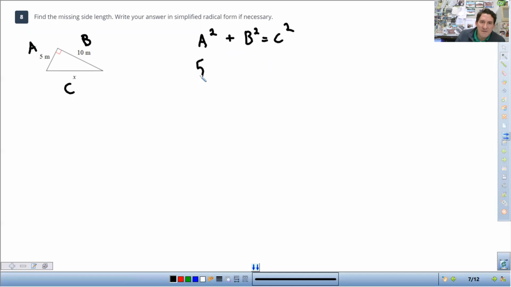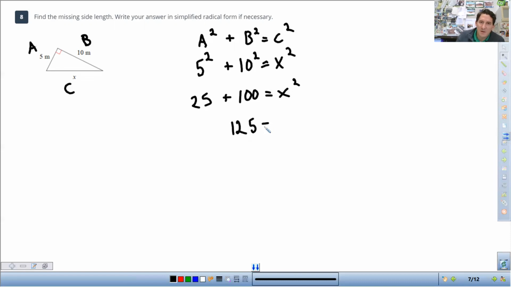A is 5. B is 10. C is x squared. There we go. So 5 squared is 25. 10 squared is 100. 25 plus 100 is 125. Square root both sides to solve.